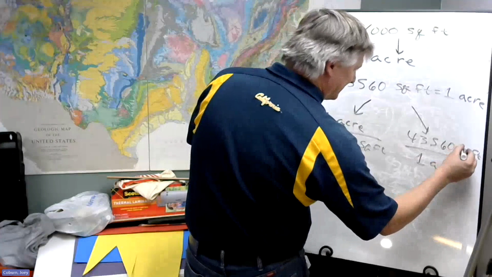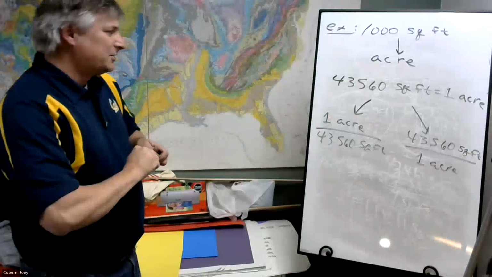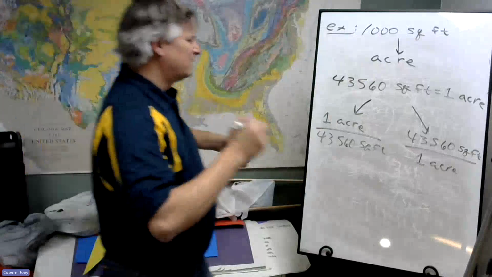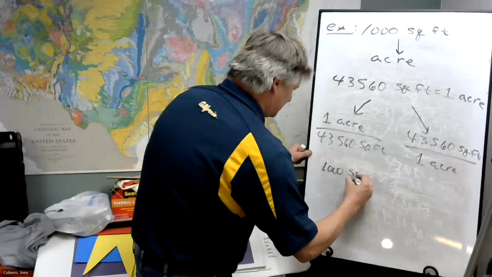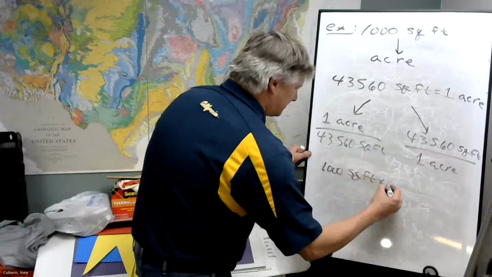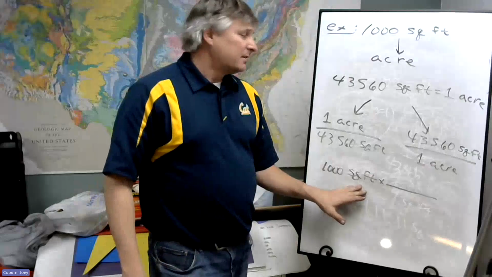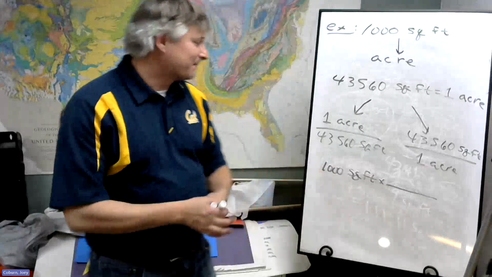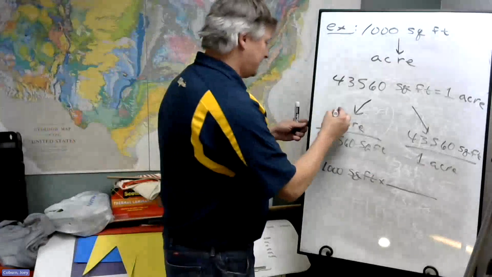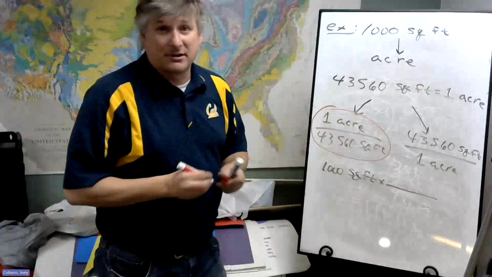So which one should we use? Well, our 1,000 square feet is going to be in the top. So we want to use a conversion ratio where square feet is in the bottom. And it's going to be this one. That has square feet in the bottom, and by default, we'll just get acres on top.